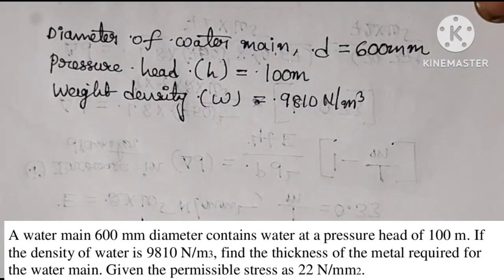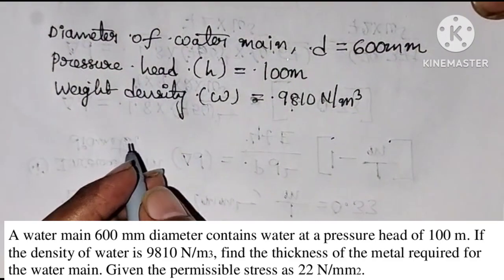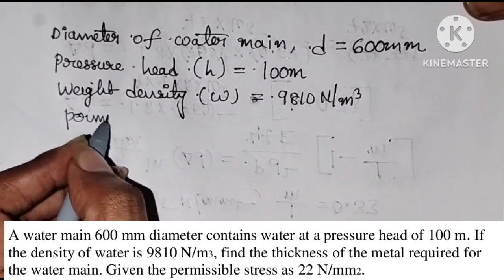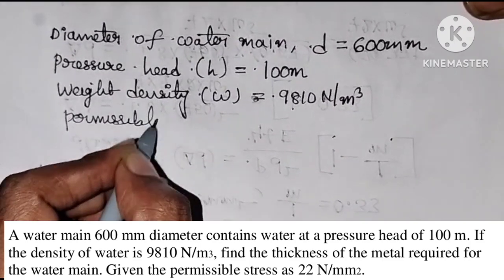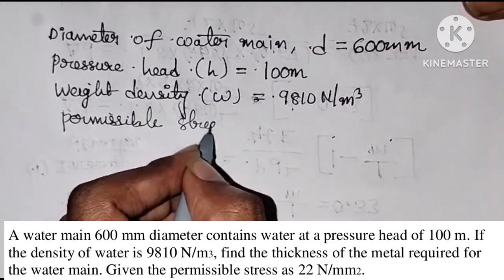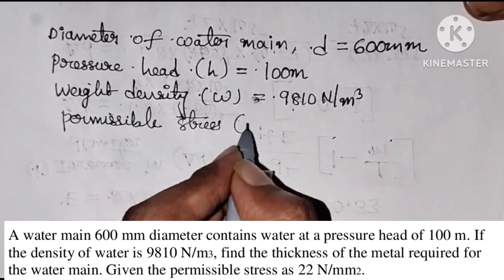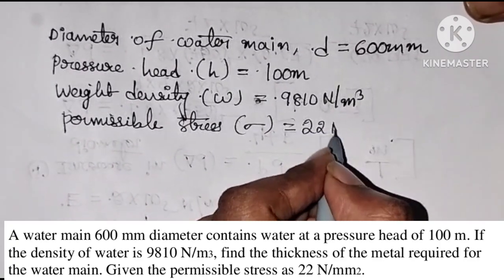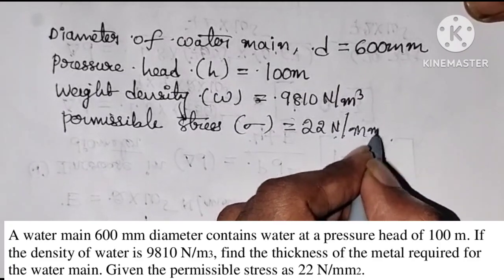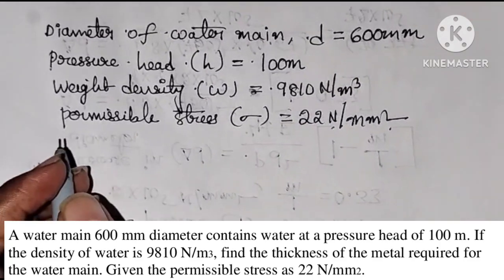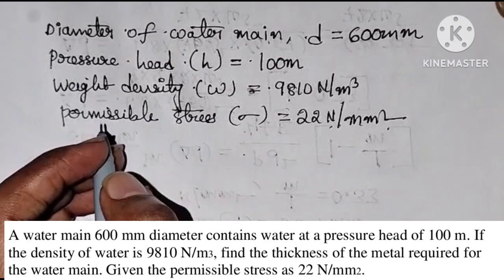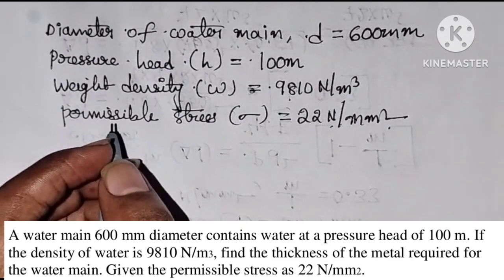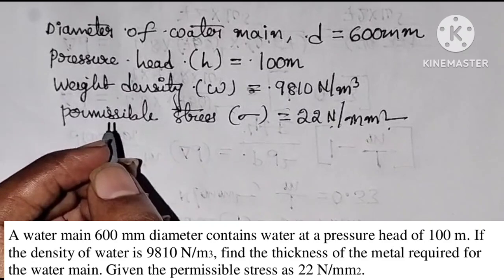Okay, specific weight. Next, permissible stress is given. Permissible stress sigma is equal to 22 Newton per mm square. Generally for water mains and pipes or tubes, under low pressure conditions we use thin cylinders.